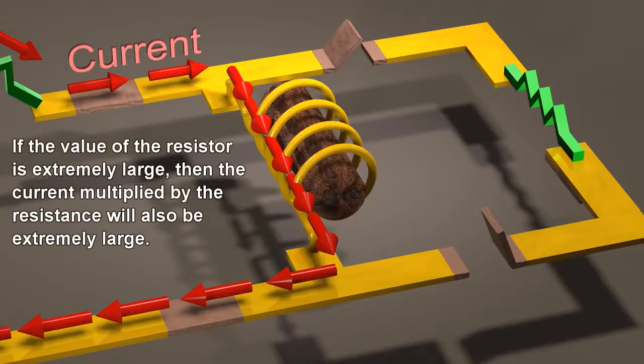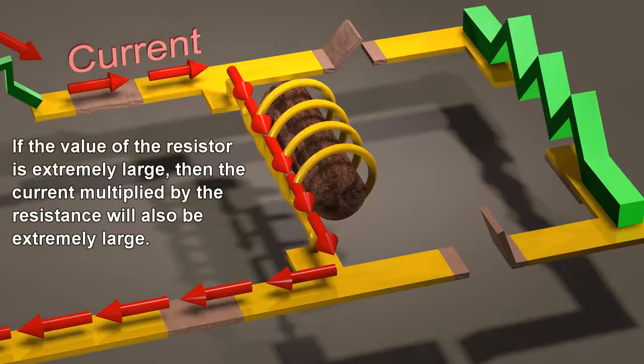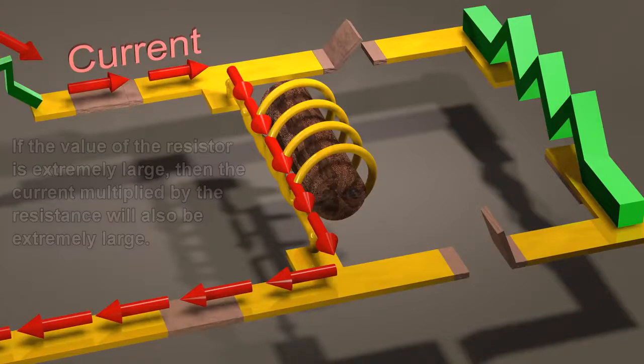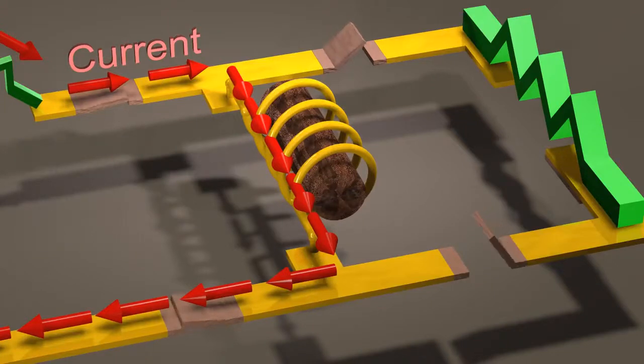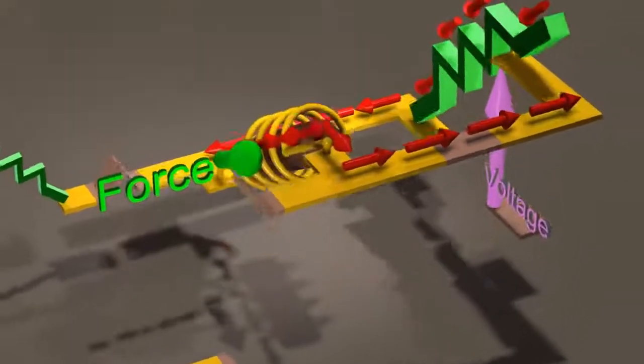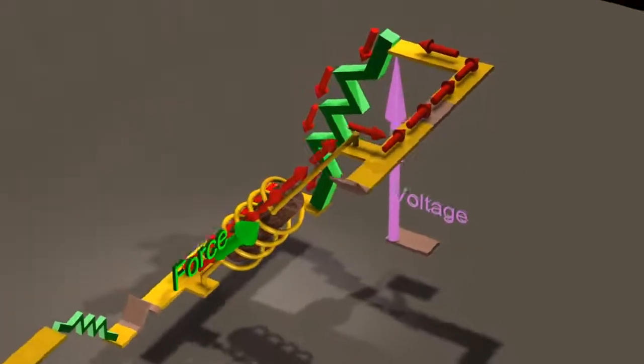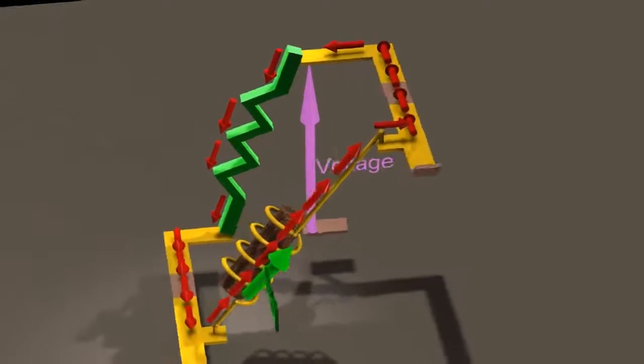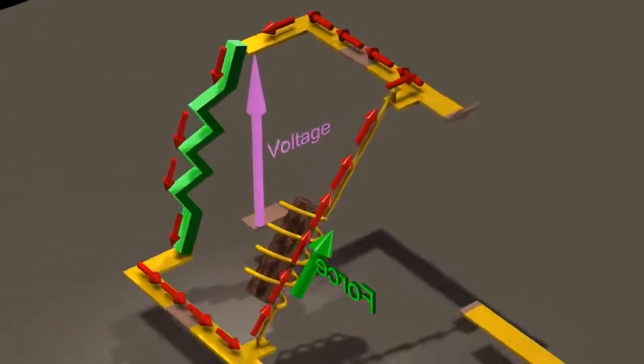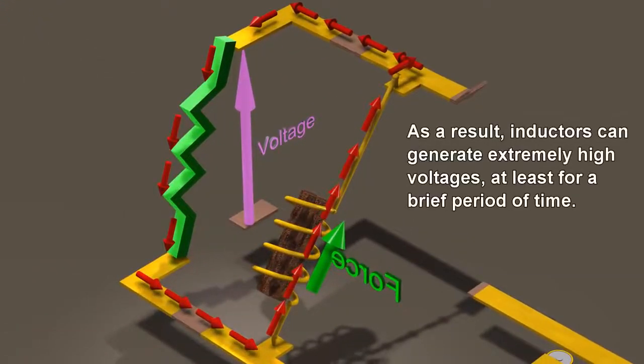If the value of the resistor is extremely large, then the current multiplied by the resistance will also be extremely large. As a result, inductors can generate extremely high voltages, at least for a brief period of time.